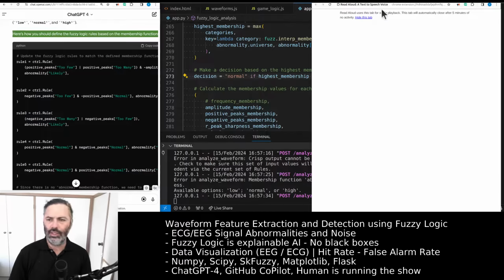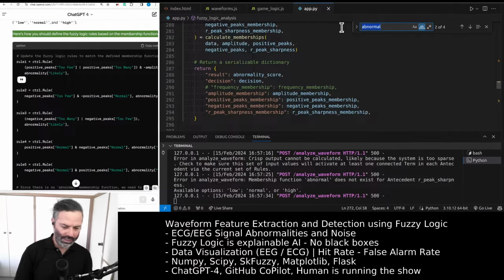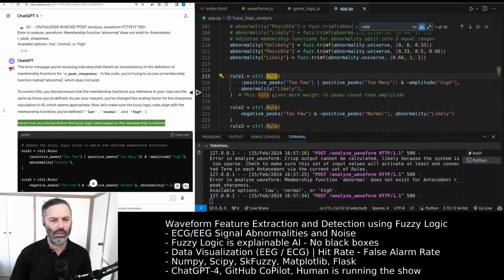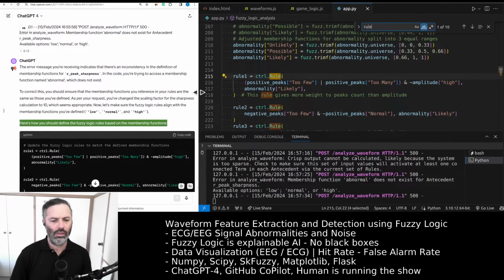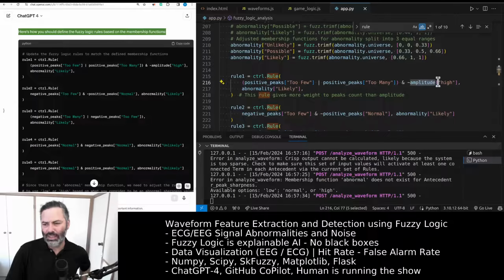Okay, so we have this, and what is it, 7 rules now. Rule 1. Positive peaks too few or too many, and the amplitude is not high. Could be just amplitude is low, which will be different.